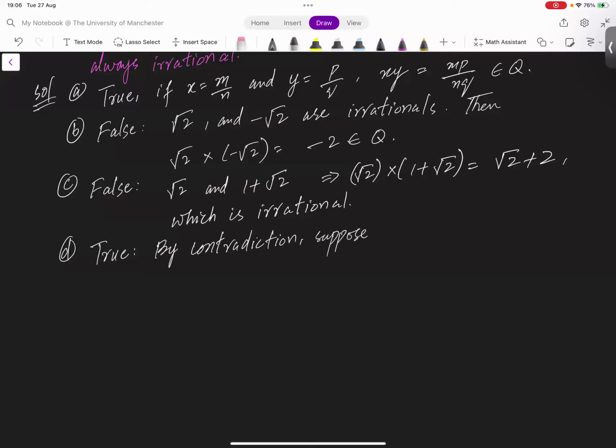Suppose there is a rational A, not zero, and an irrational B such that C is their product, which is rational.